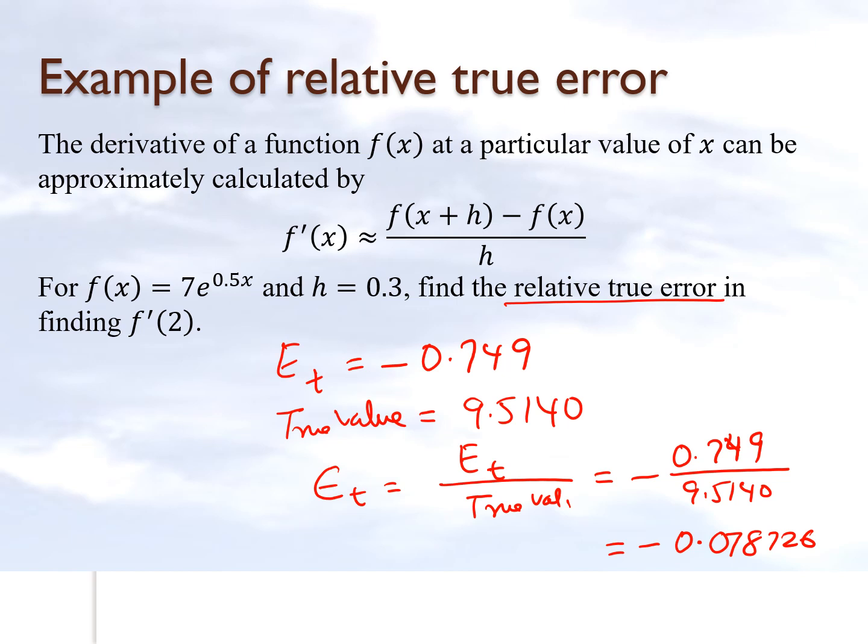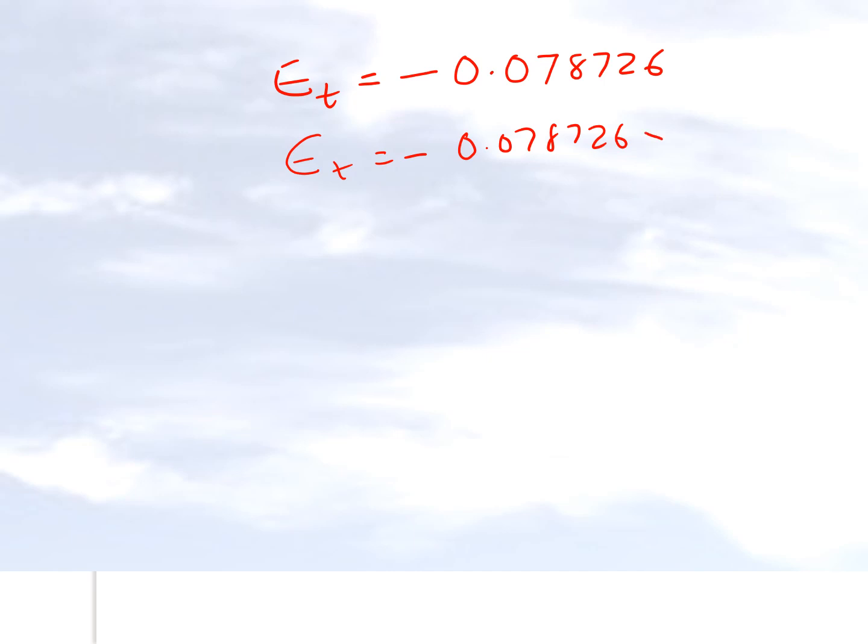Now, one of the things which you have to think about is as follows. What we have obtained so far is that the relative true error which we got was minus 0.078726. And sometimes people will say that, hey, give us this number, relative true error, in terms of percentages. What are you going to do then? Then in that case, all you're going to do is you're going to take the number and multiply by 100.